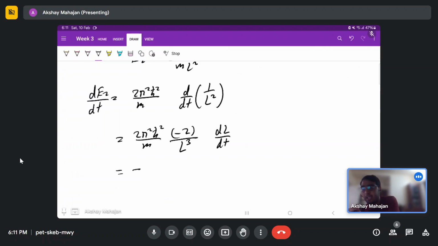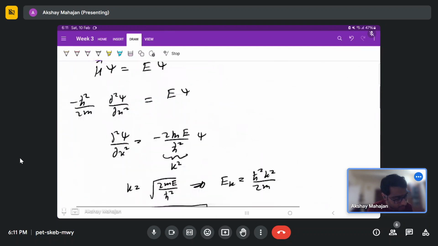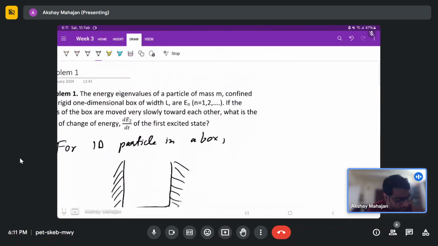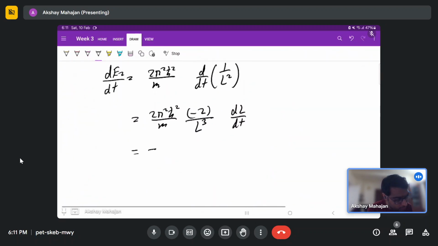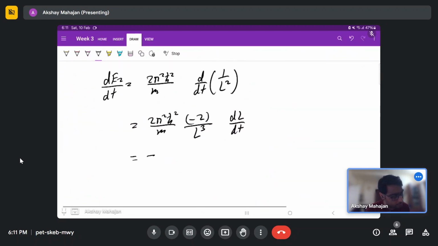Okay, and there L we can take as a negative value. L will also be negative, so overall this dE2/dt will be a positive value. Alright, so basically what we have is minus 4, but let me just write it.